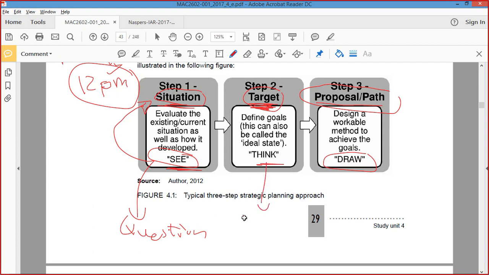Thinking is going to be, well, what is the approach, or the constraints maybe. What is given in the question? And then you need to design a workable method to achieve the goal. So the situation, midday, 12 p.m. Target, you need to do a portrait. So what's your proposal path?